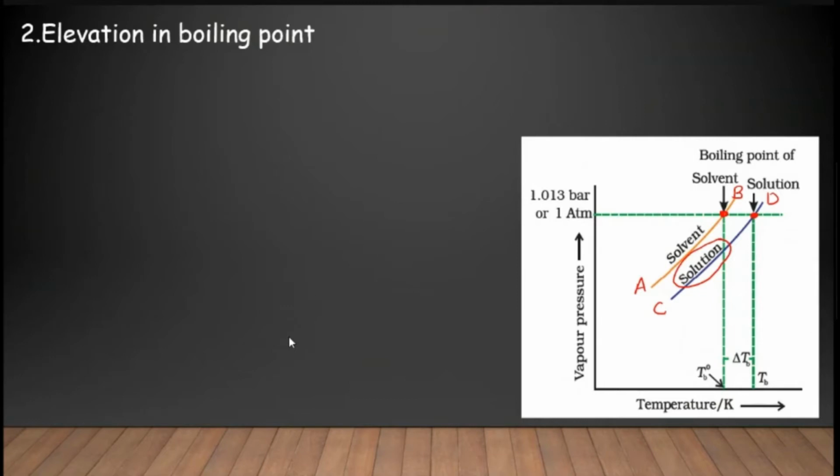The temperature at which the vapor pressure of the solvent becomes equal to the atmospheric pressure, the solvent will start to boil. That is represented as T naught B. Similarly, when the vapor pressure of the solution becomes equal to the atmospheric pressure, the solution will start to boil. That is represented by TB.